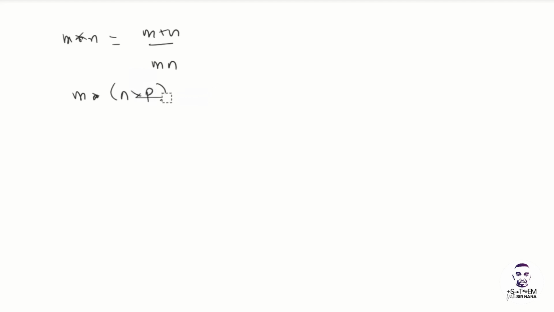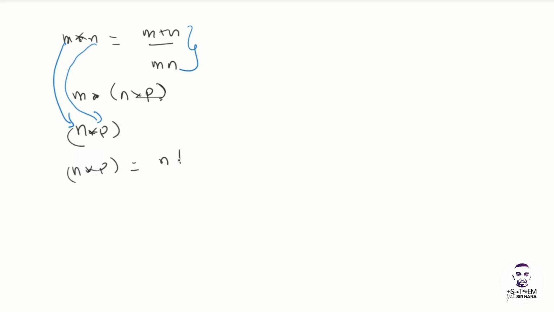So we want to take our n operation p. That implies that wherever we see our m, we have to replace it with our n, and wherever we see our n, we replace it with our p in the operation here. So our n operation p will be equal to n plus p all over np. Right, so now wherever we see n operation p, we can replace it with this.